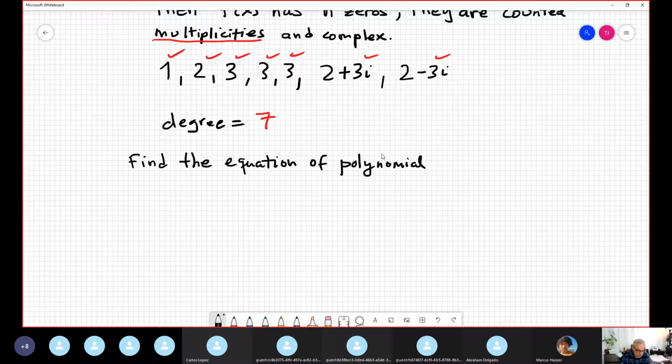And this polynomial has several zeros, like that. The zeros of this polynomial are 1, 1. Wow, so 1 is repeated. And negative 4 plus i. So this is the idea, find the equation.